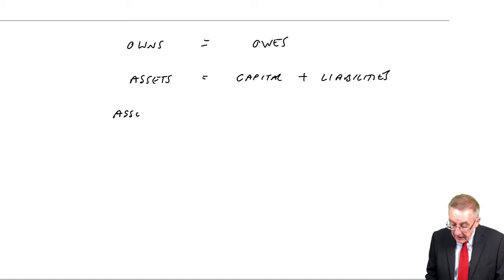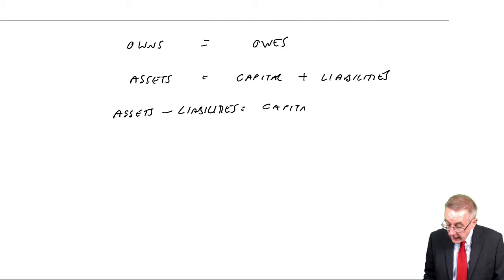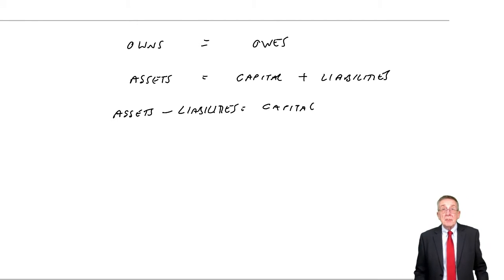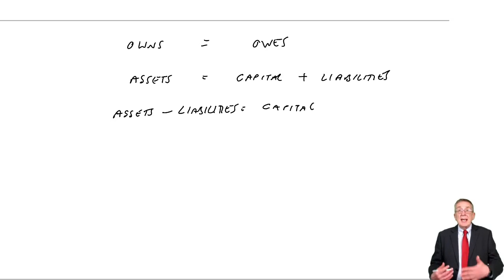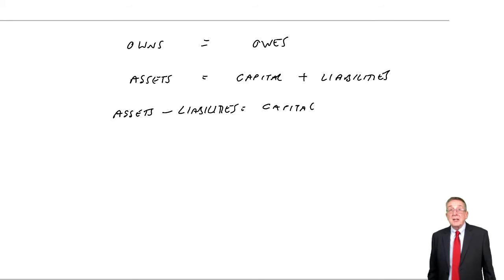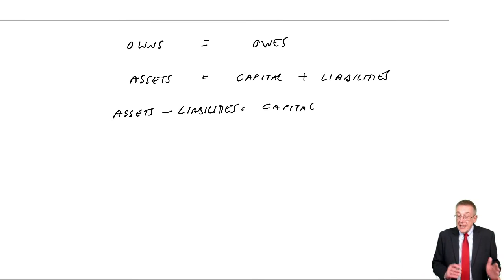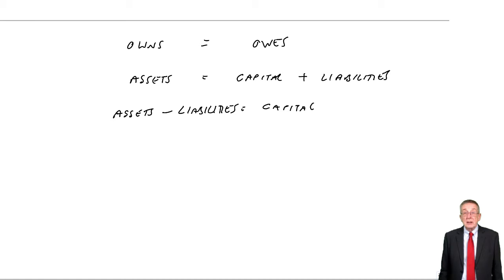The assets minus the liabilities at any point in time will equal the capital. In that first example I went through, although everything kept changing, every time we did a statement, the assets equaled the capital plus the liabilities, or every time, assets minus liabilities equaled the capital.